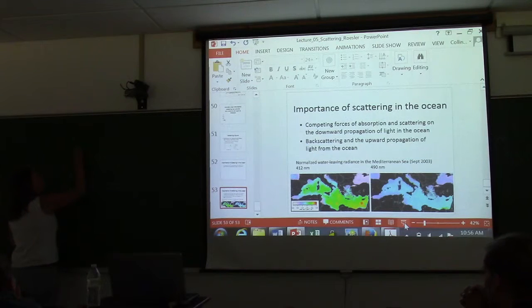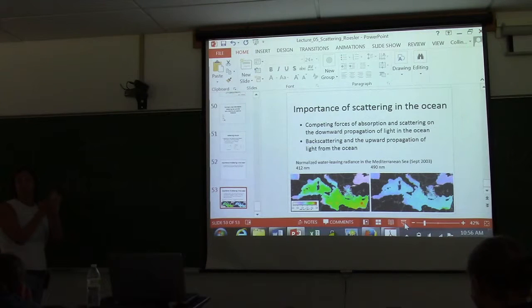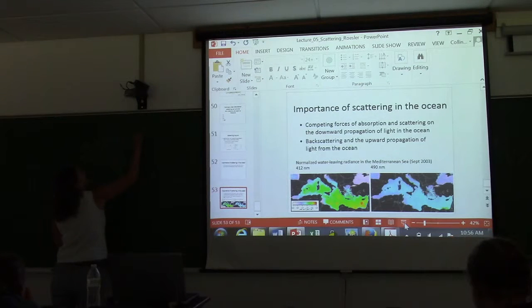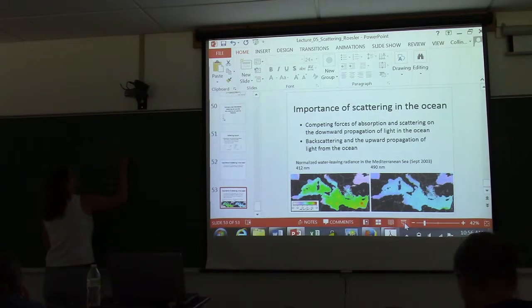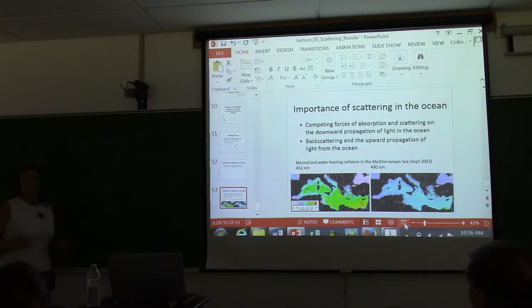So the real part of the refractive index, that's what shortens up the wavelength. But the imaginary part is what absorbs, but there's no change in phase. It doesn't shorten up.